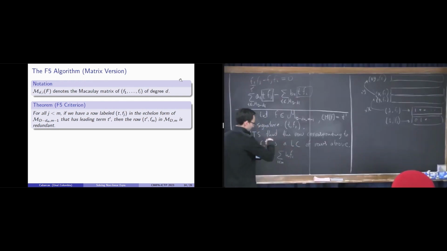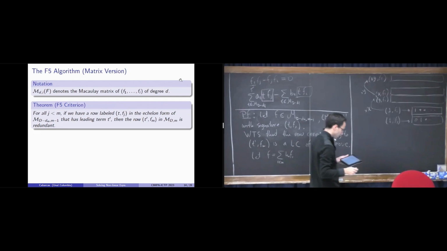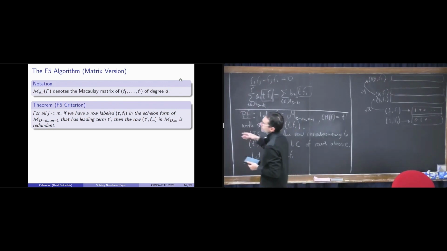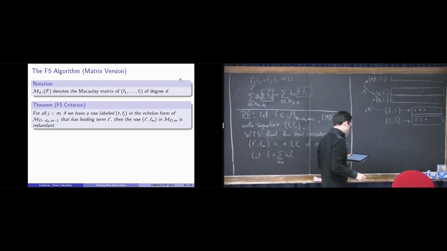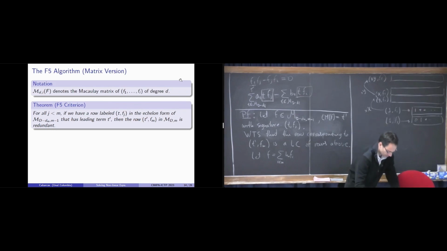Yes, let's say of degree less than D minus dm. These HIs are polynomials. All right, then let's put that here.